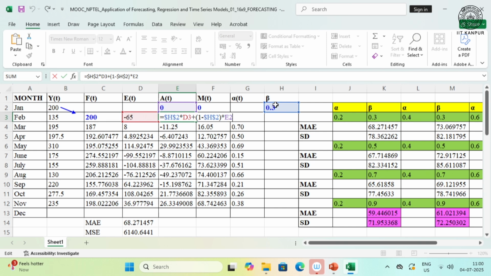AT is given by beta into ET, beta is fixed, plus 1 minus beta into AT minus 1. That is why AT minus 1 is the E2 cell value. Also, if you remember, the starting values of A and M are taken as 0, as marked in dark blue color, both in the slide as well as in the Excel sheet.